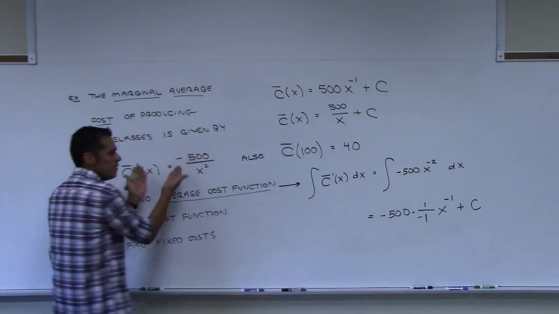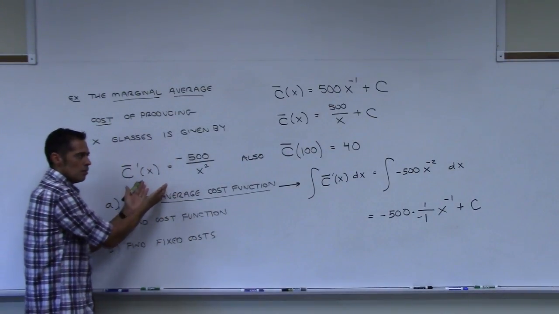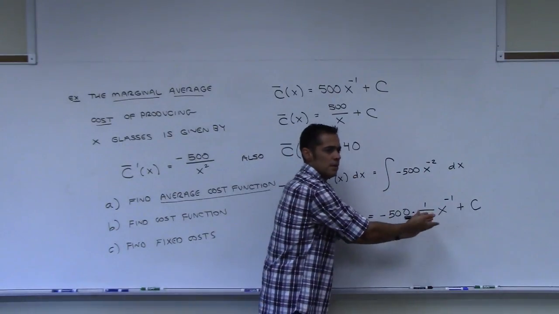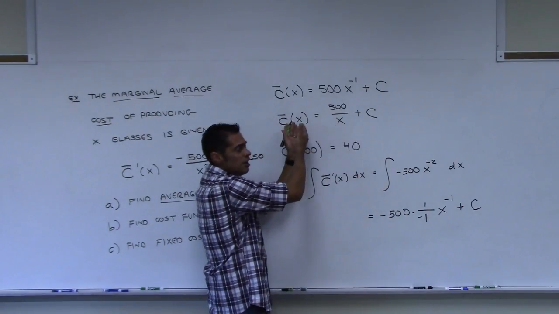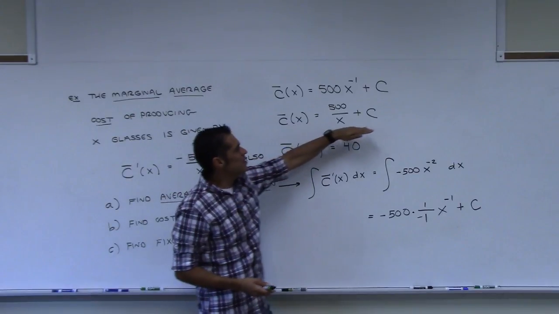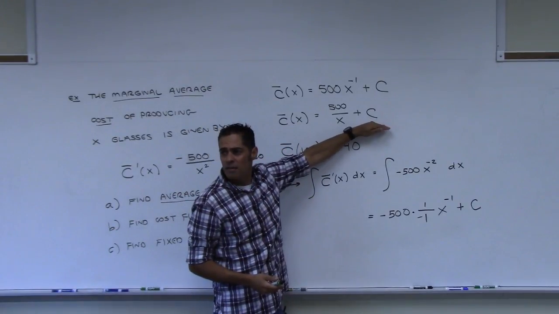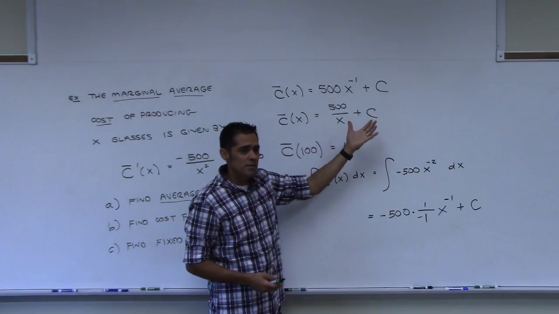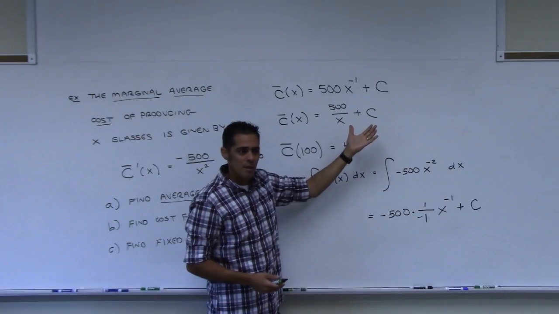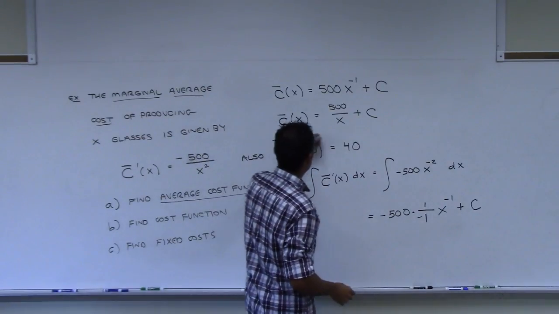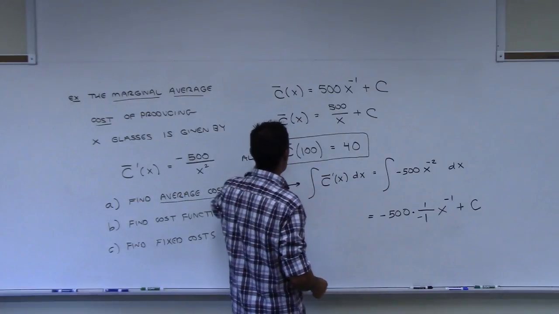They gave you the derivative of the average cost function. We did the antiderivative to find the average cost function. We have it, but there's an infinite number of these, right? We don't know which one it is. That's where this piece of information is going to come into play.